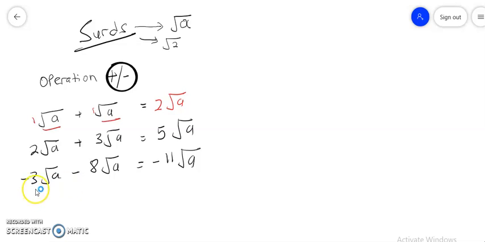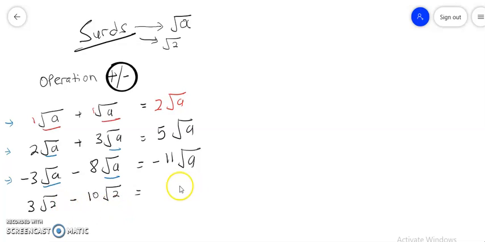Now you can see that the square root of a in all these three questions behaves like an algebra. Now let me change this into 3 square root of 2, then we minus 10 square root of 2.